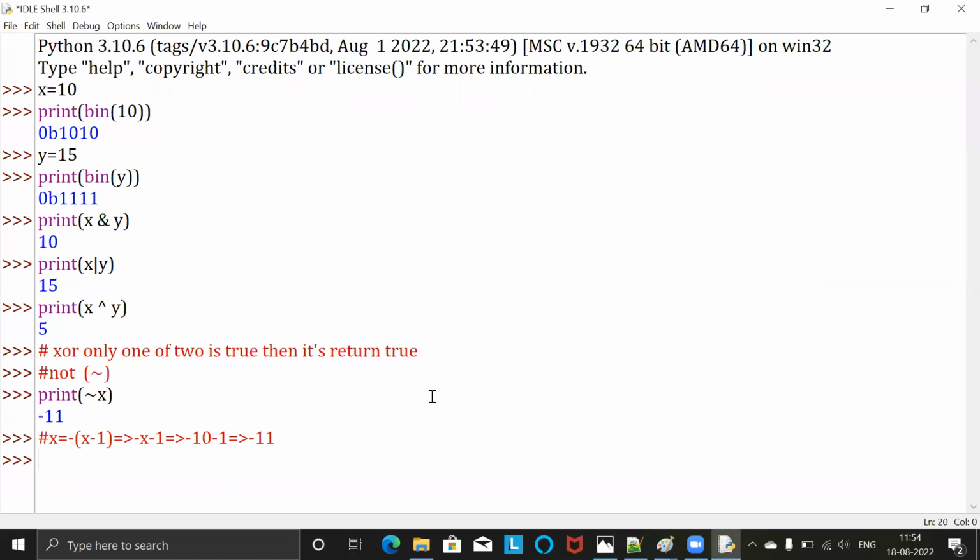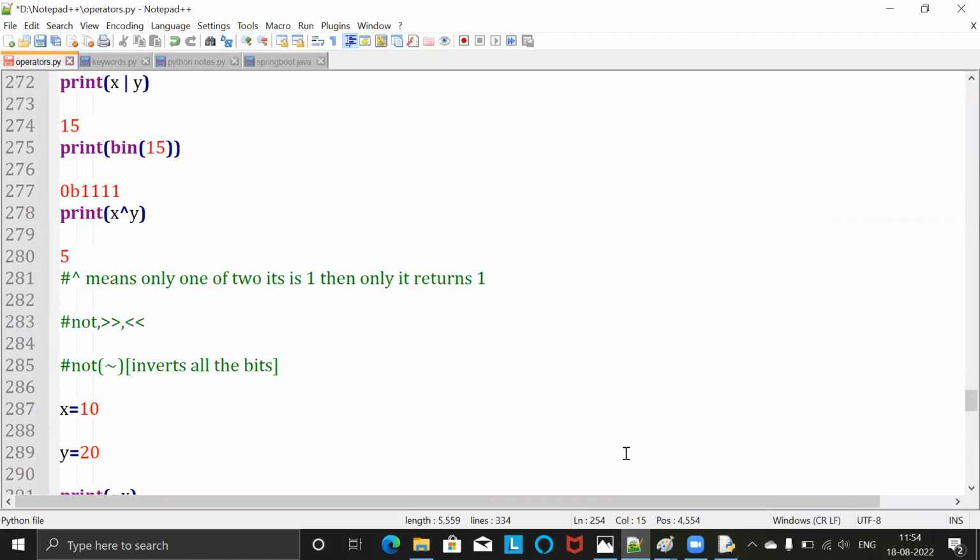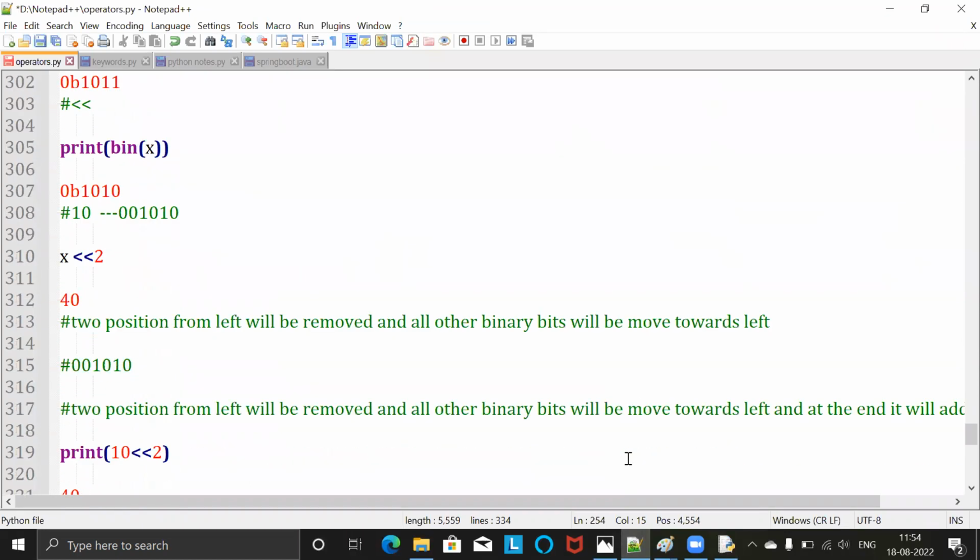And the next one is left shift operators and right shift operators. See, left shift operator means, this is the binary value of 10.